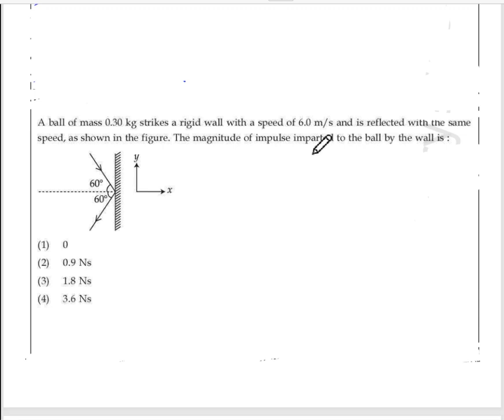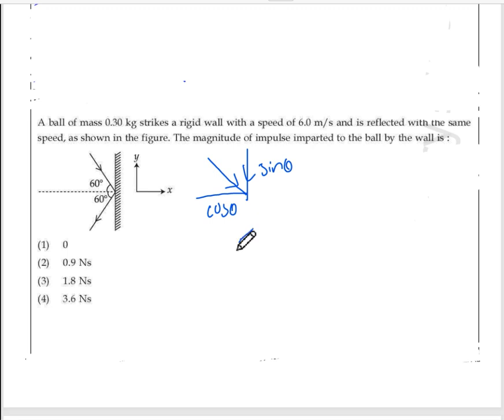If you see, it will make an angle theta. When the object is moving in this direction, it has two components. One is its sine component, which is this one, and this one will become its cos component.